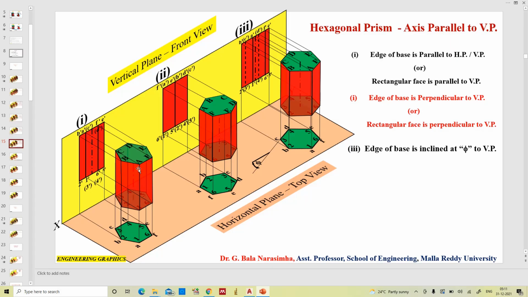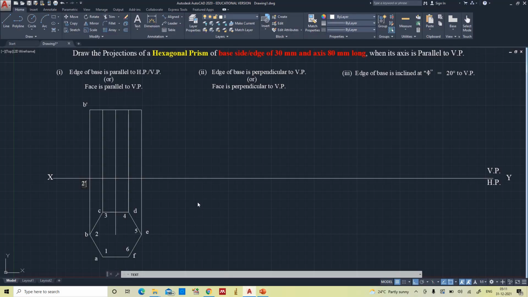So the first priority will be given to the visible line over the hidden line. A dash of C dash. The one which is invisible will be kept in brackets: 1 dash of 3 dash.